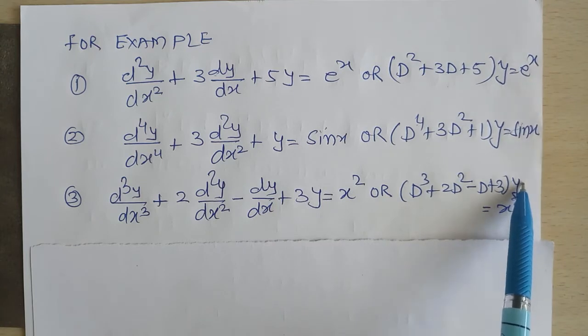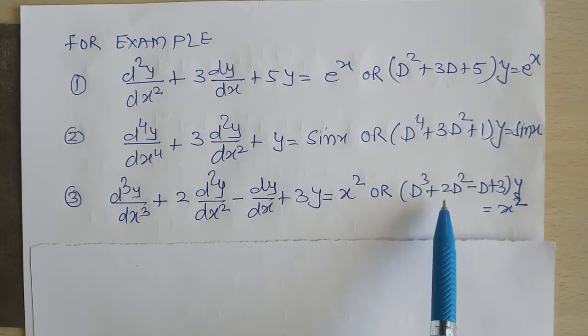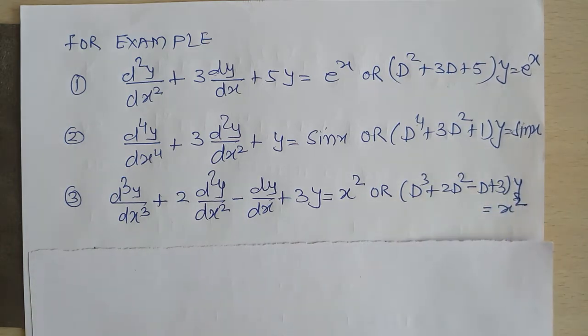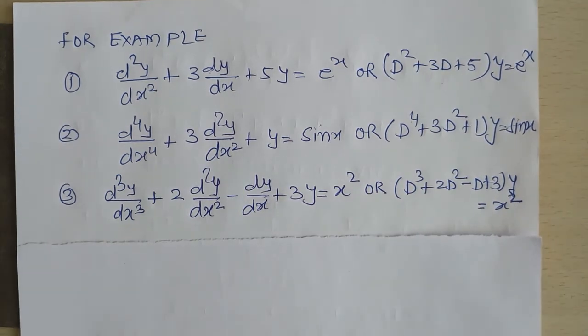Then we take y common, and we have D cube plus 2D square minus D plus 3, y, equal to x square. So this is how we can express a linear differential equation with constant coefficient in the form of symbolic derivative D.